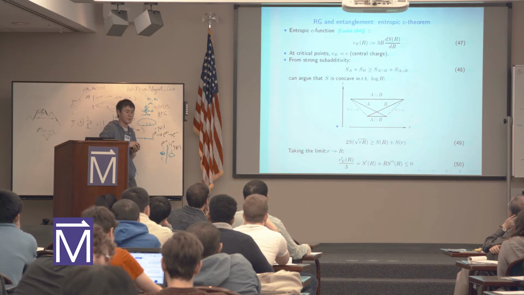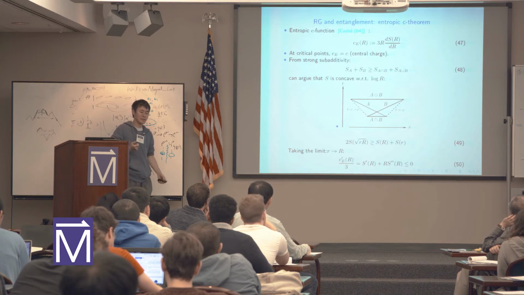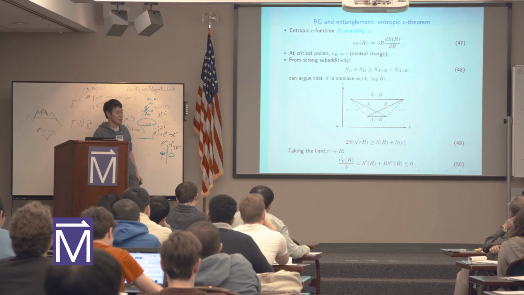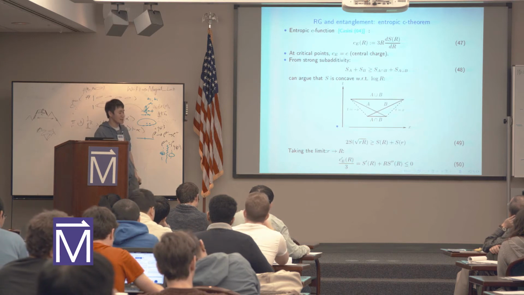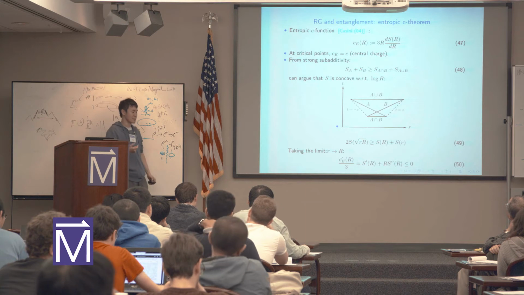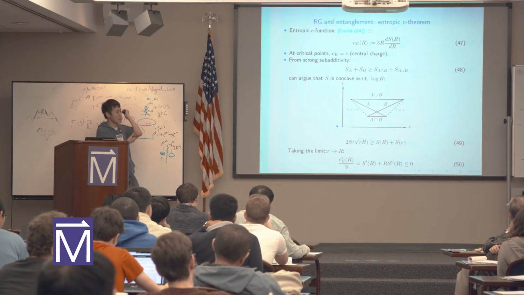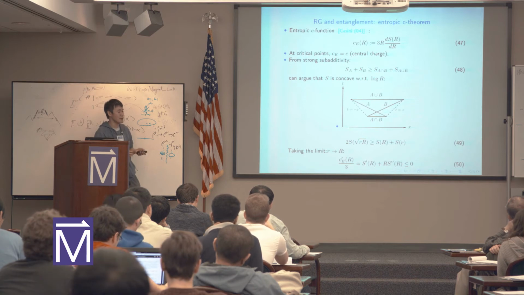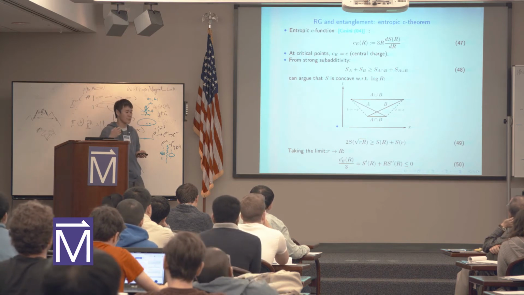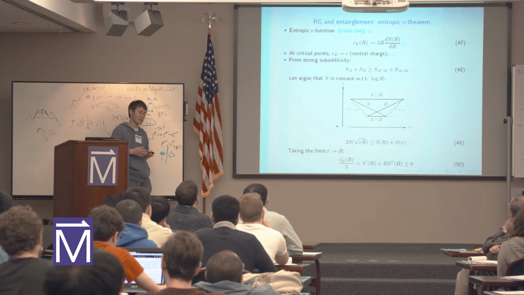In conformal field theory, a convenient number that partially characterizes the theory is the central charge C. But what if we depart from the conformal field theory? Once we perturb it, is there any such number?